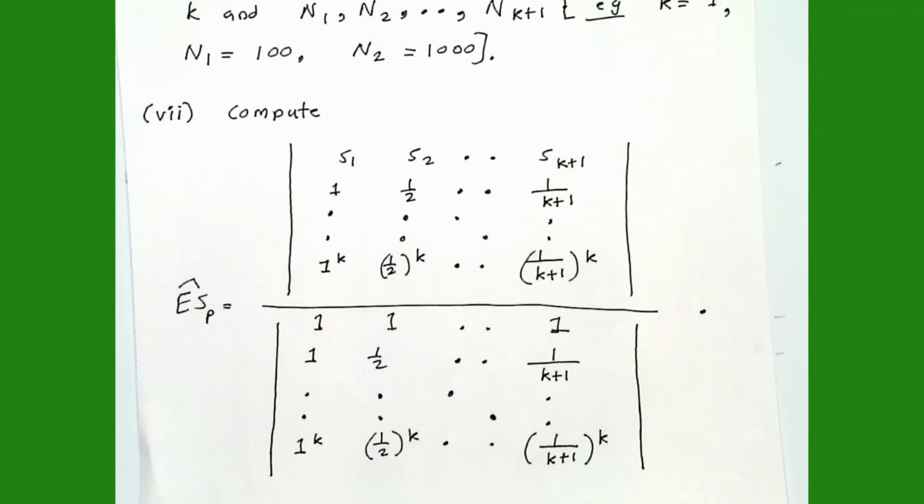Okay. So that completes the Richardson's method, and it also completes the nonparametric methods for estimating expected shortfall. In the next video, I shall talk about semi-parametric estimation of expected shortfall.